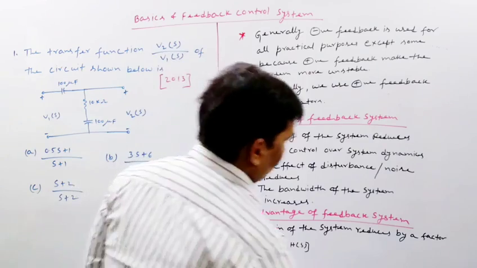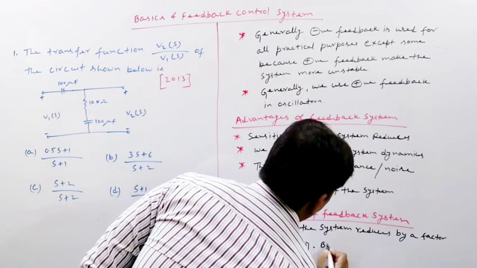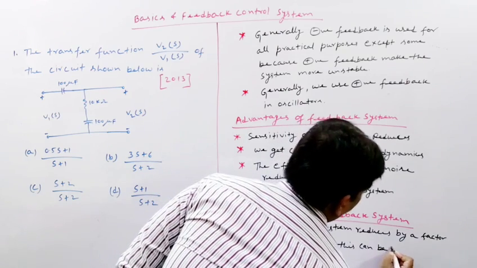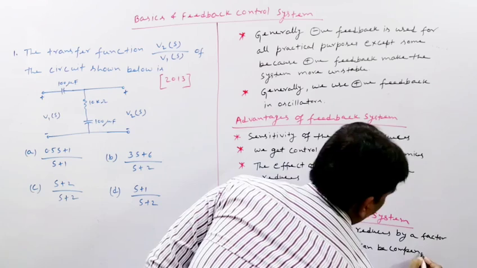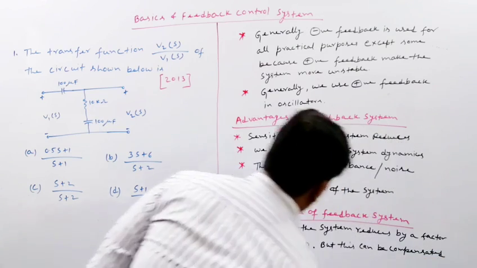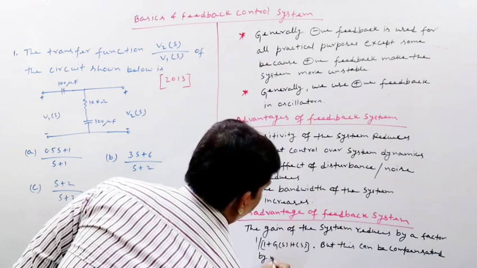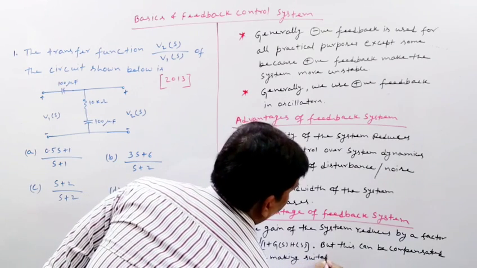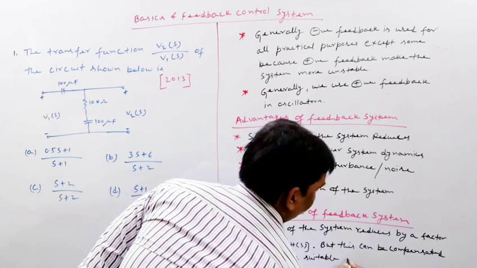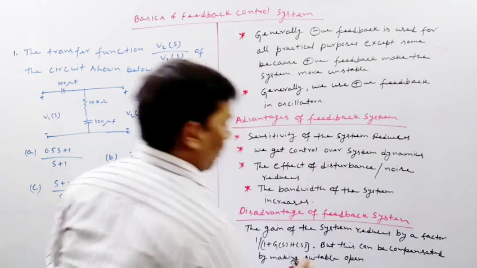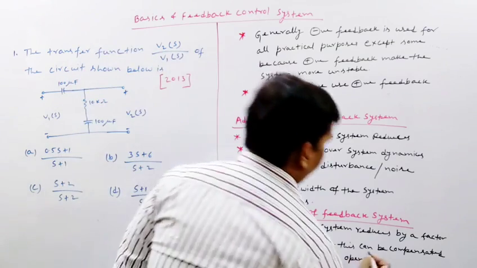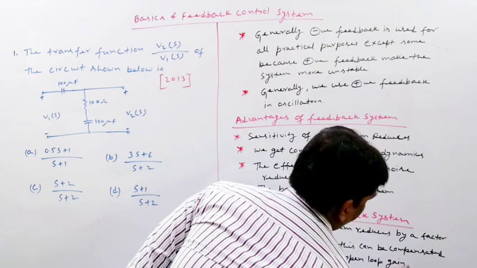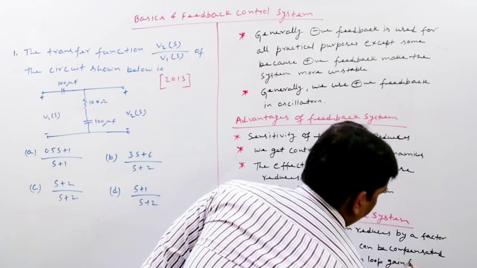But let me write here, this can be compensated by making suitable open loop gain K, or by choosing suitable open loop gain factor.